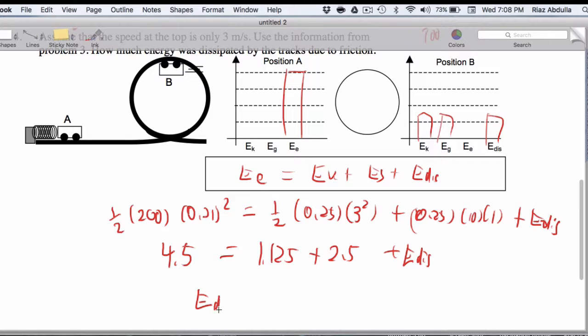And when we isolate E dissipated, we're going to end up getting, again, 1.125 plus 2.5 gives me 3.625. We subtract that from 4.5, and that's going to end up giving me 0.88 joules of dissipated energy.